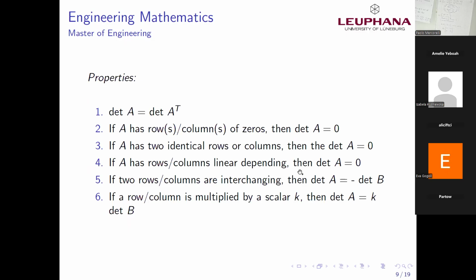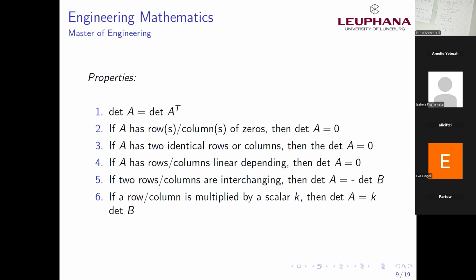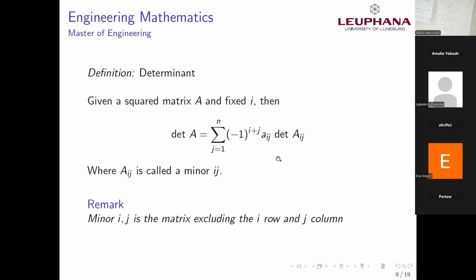Before doing some exercises, let me tell you very quickly about these properties. Look at the first one. Determinant of A equals determinant of A transposed. Interesting. We can demonstrate, taking into consideration the general matrix A, that the left part equals the right part, applying the definition.